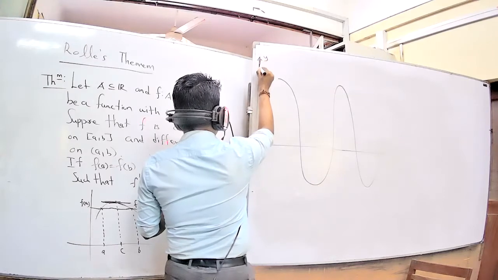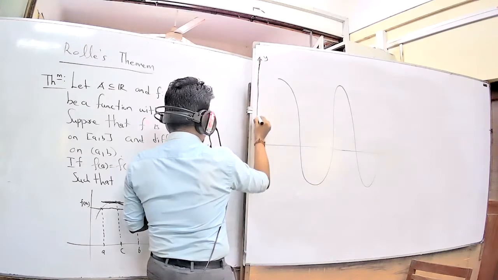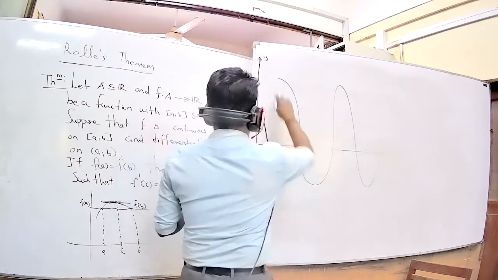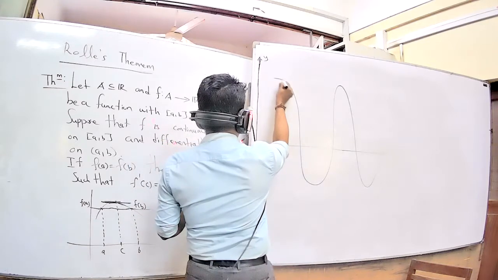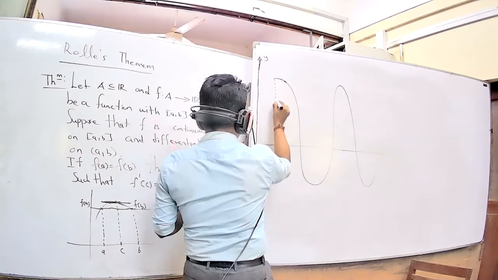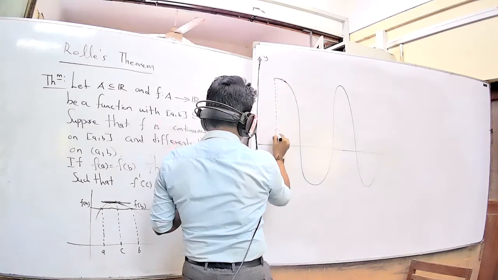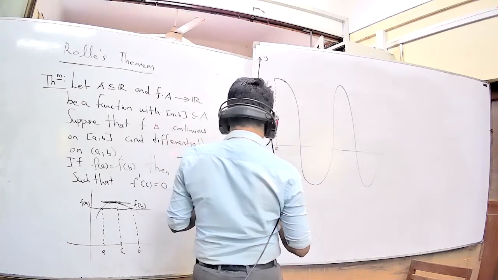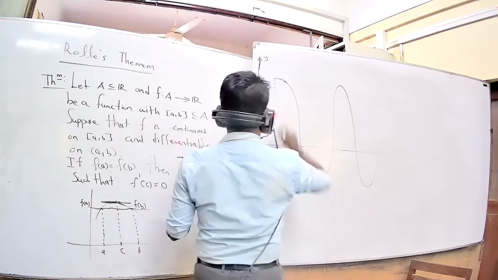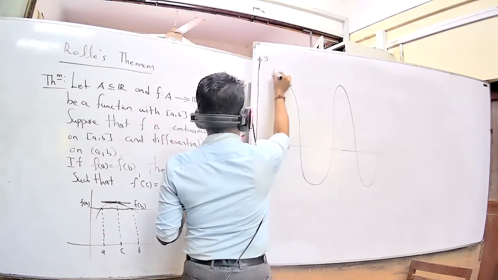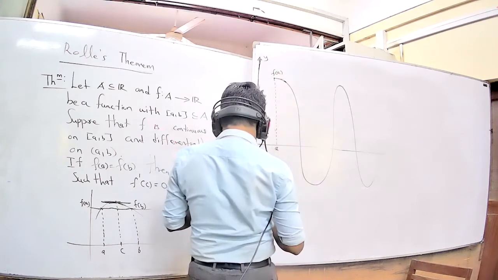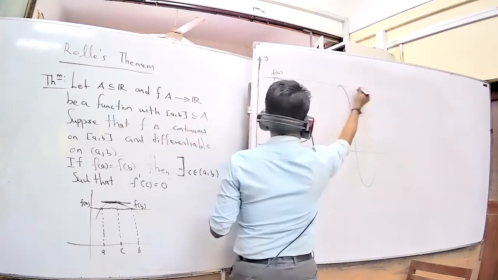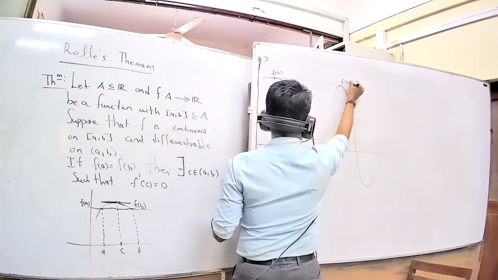So, the y-axis. This is point a, and then you have the value here, f of a. f of a equals f of b. This is b, and this is f of b.